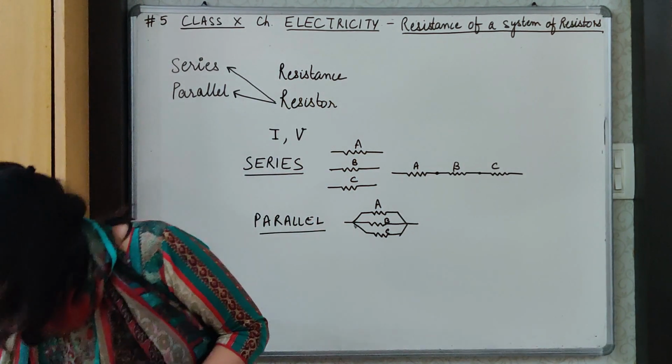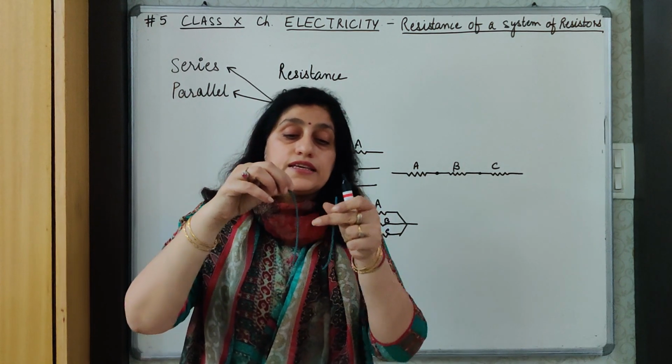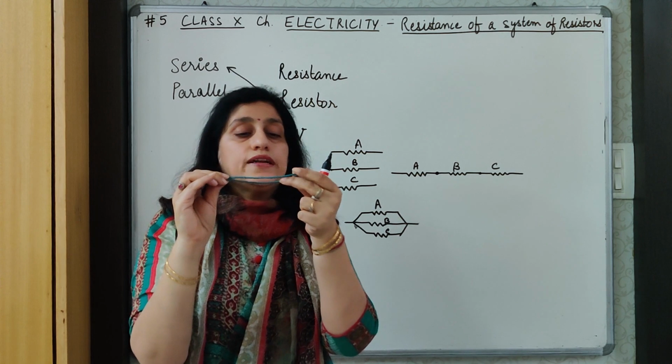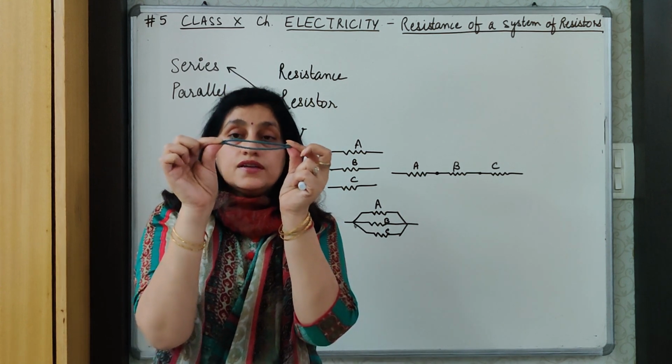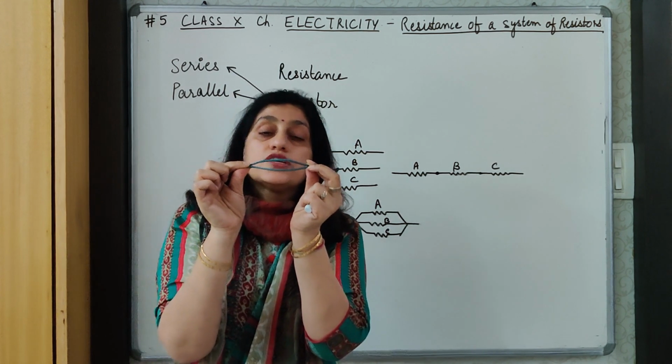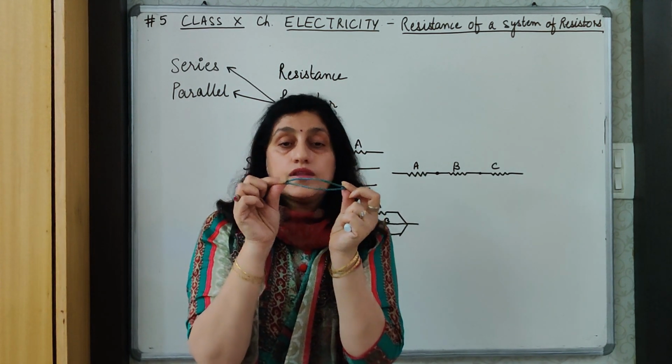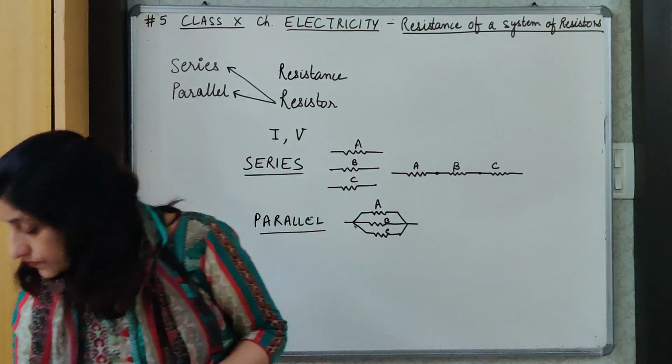So if I take the two wires, I take these two ends and coil them together, and I take the other two ends and I bring them together. This type of combination or connection is referred to as a parallel connection. Now let's proceed.